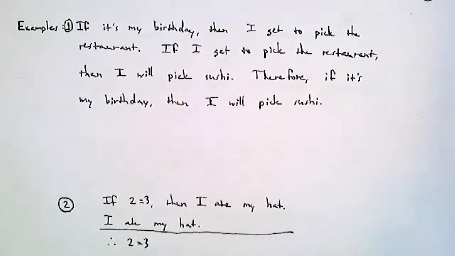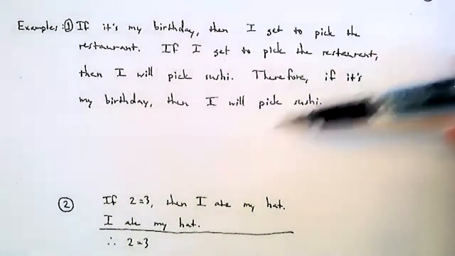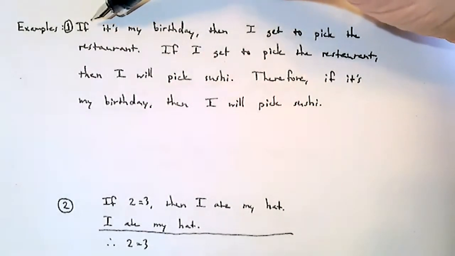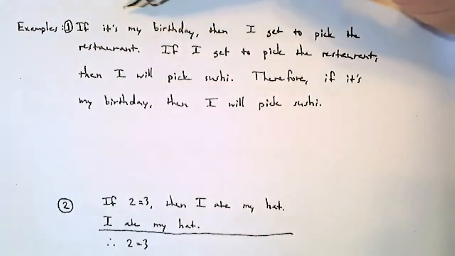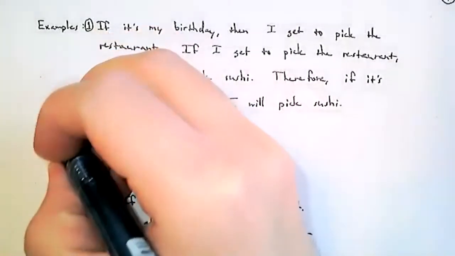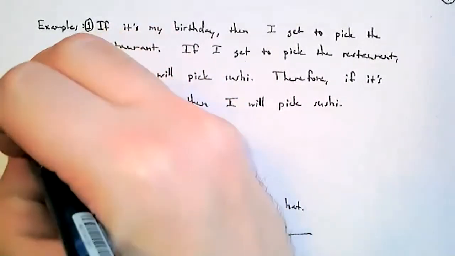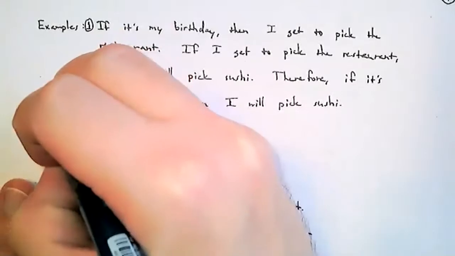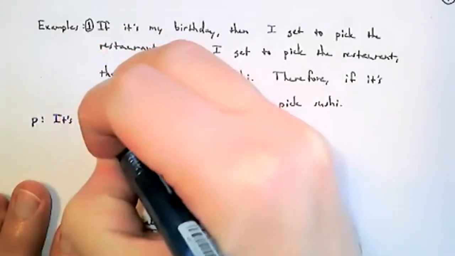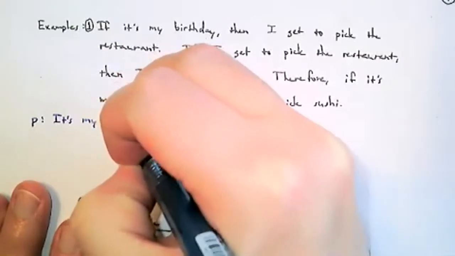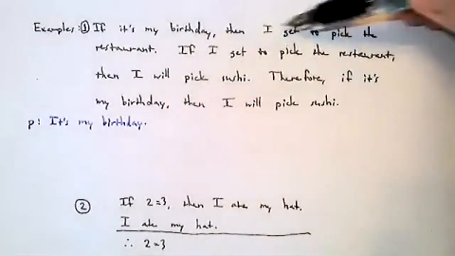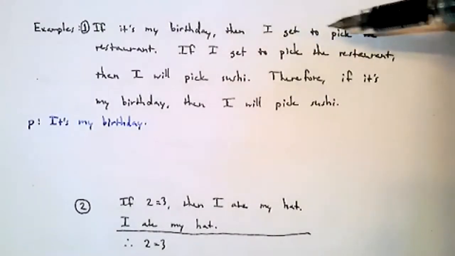So let's look at the structure of this thing, because it has several parts. Just starting at the beginning, we'll label this one, it's my birthday, P. So P is, it's my birthday. Then the next piece of this is I get to pick the restaurant.